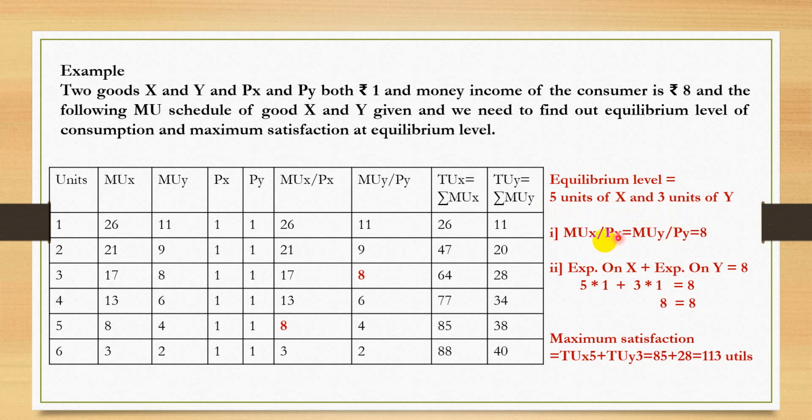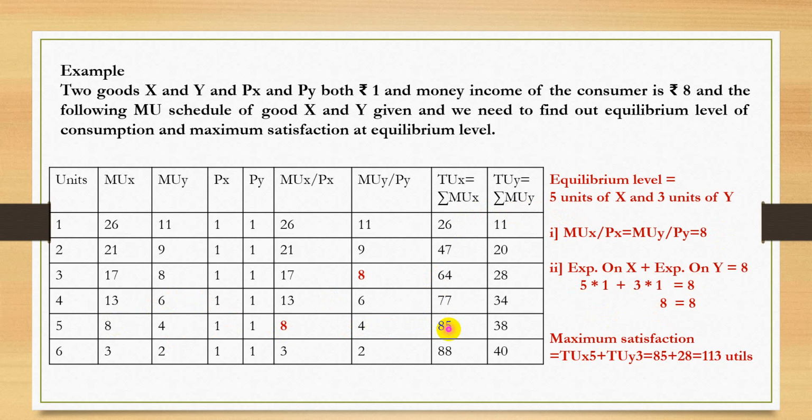And at the same time, what we find, the total expenditure is equal to money income. So both the conditions are satisfied. Therefore, the consumer will consume 5 units of X and 3 units of Y to be in equilibrium. And what will be his maximum satisfaction? TUX of 5 is 85 utils.